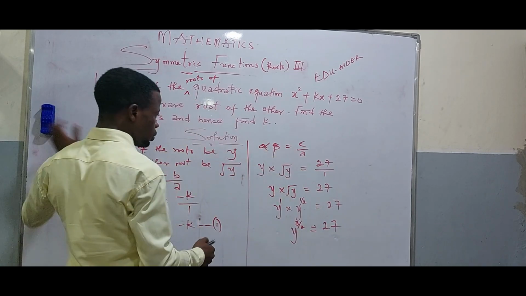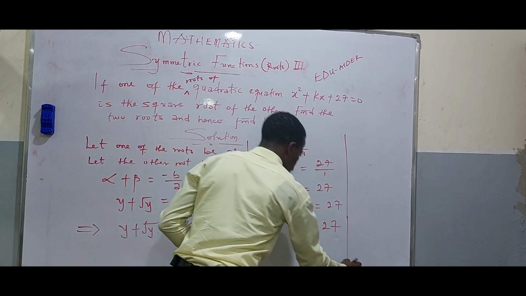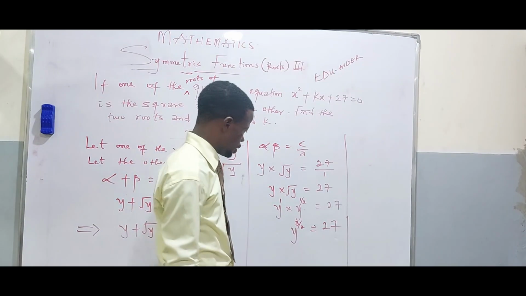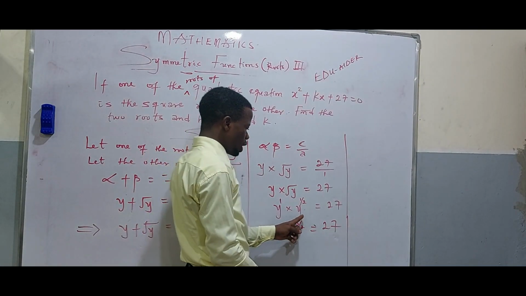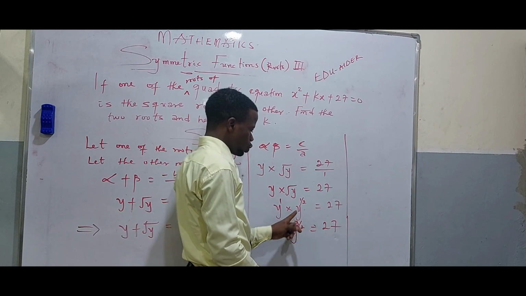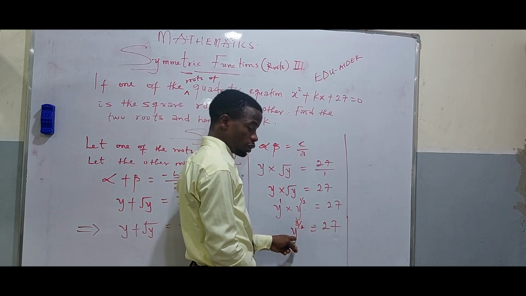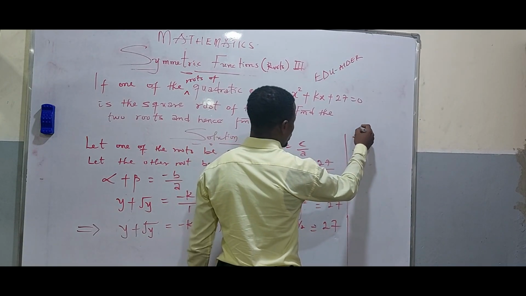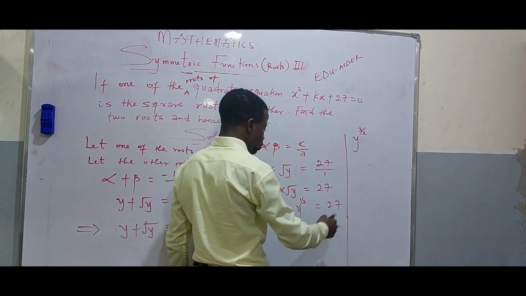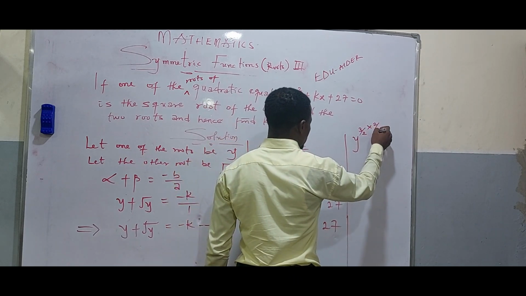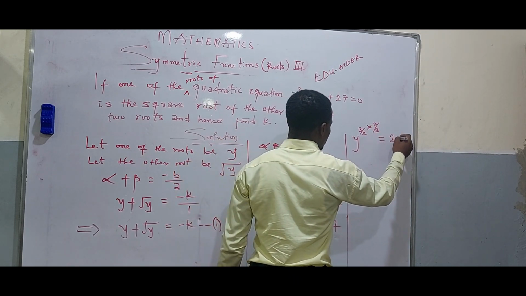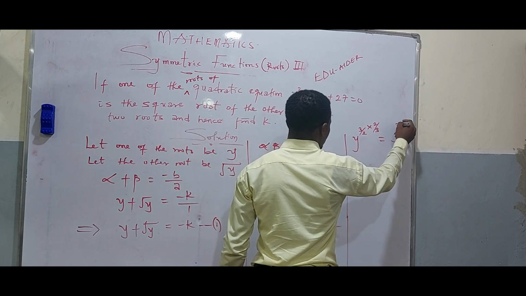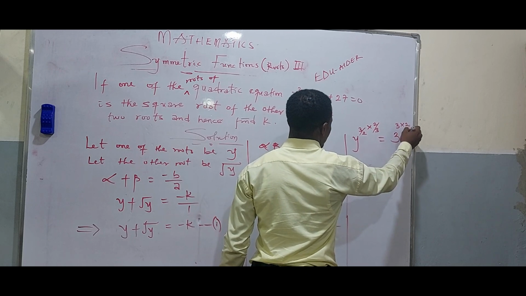So from here again we go. We can equally say, let's see what happens. We try to get y. So y is equal to 27 raised to 2 over 3, and 27 can be written as 3 raised to the power of 3, times 2 over 3.